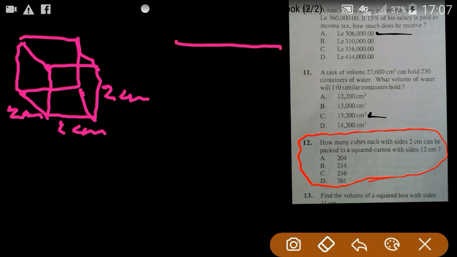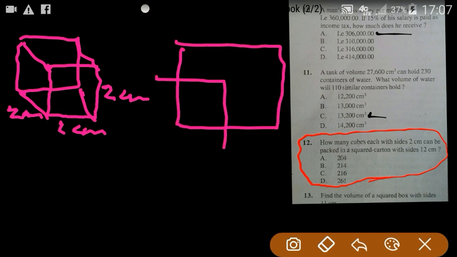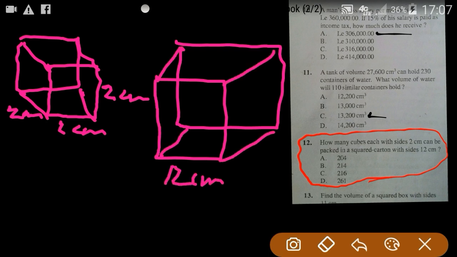Question number 12. How many cubes, each with size 2 cm, can be packed in a square carton with size 12 cm? Let's put this in a picture so we see exactly what we are talking about. So if we have a cube like this one, 2 centimeters by 2 centimeters, and the height 2 centimeters, and we have a large box like this, and this one is 12 centimeters by 12 centimeters, and the height 12 centimeters.